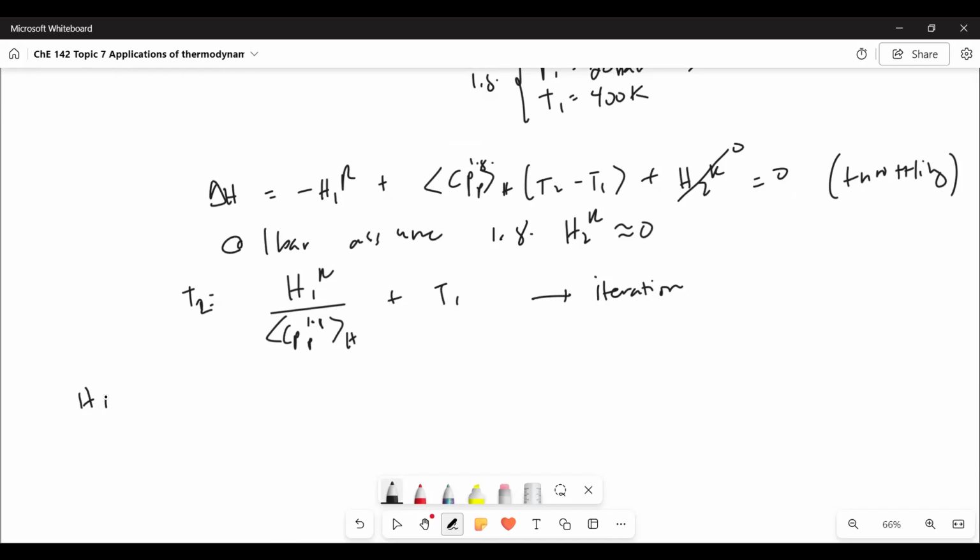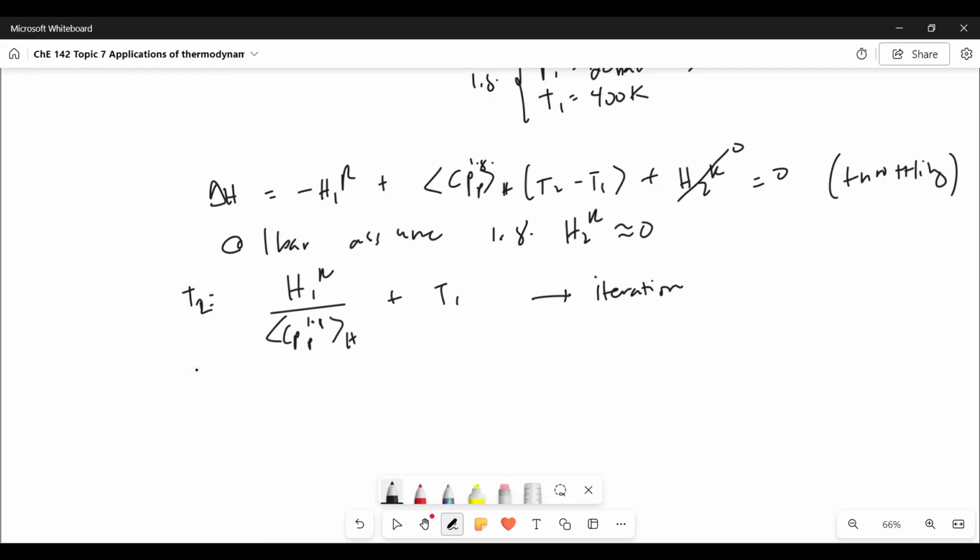So H1R, from generalized correlations. First, evaluate the reduced temperature and pressure.